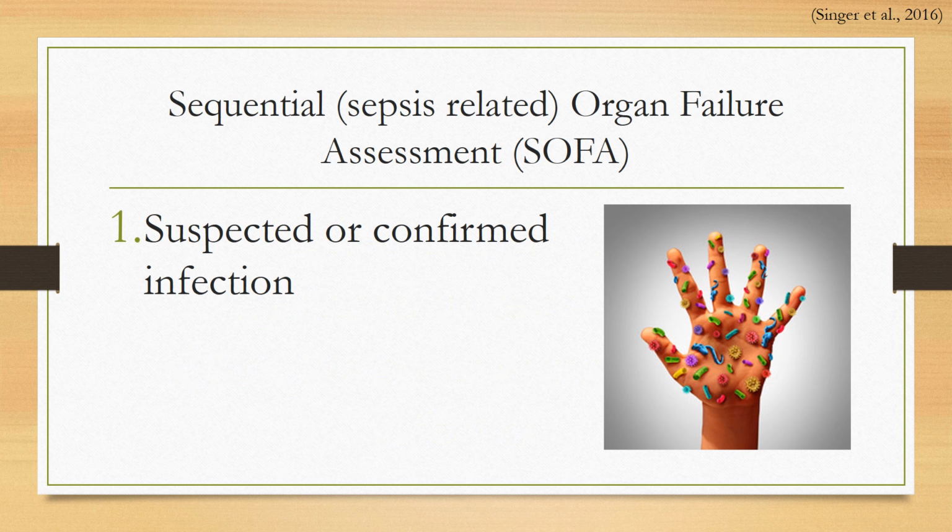To clinically diagnose a patient with sepsis, the patient must have a suspected or confirmed infection. They also must have a change in their Sequential Organ Failure Assessment score, otherwise known as SOFA, of 2 or more.